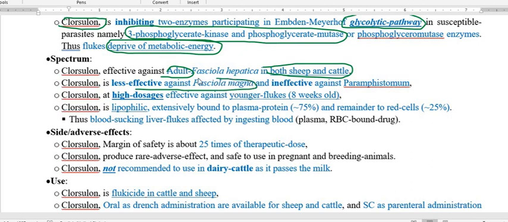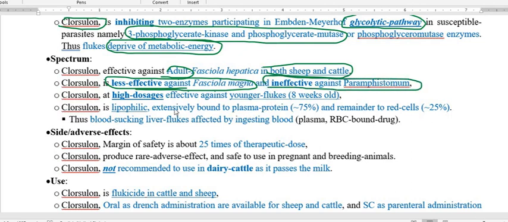So the important point is that it is mainly active against Fasciola hepatica, less against magna, and ineffective against the intestinal fluke, that is Paramphistomum.